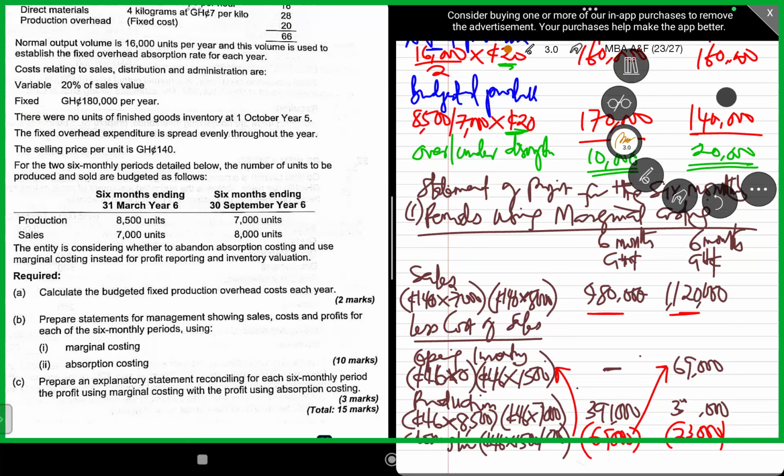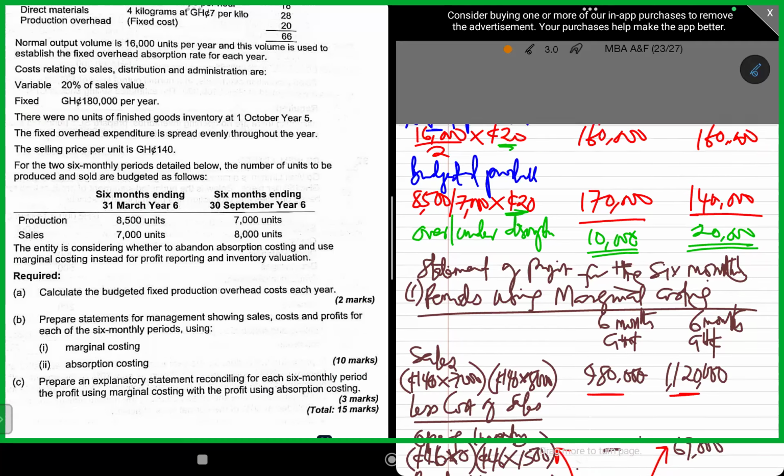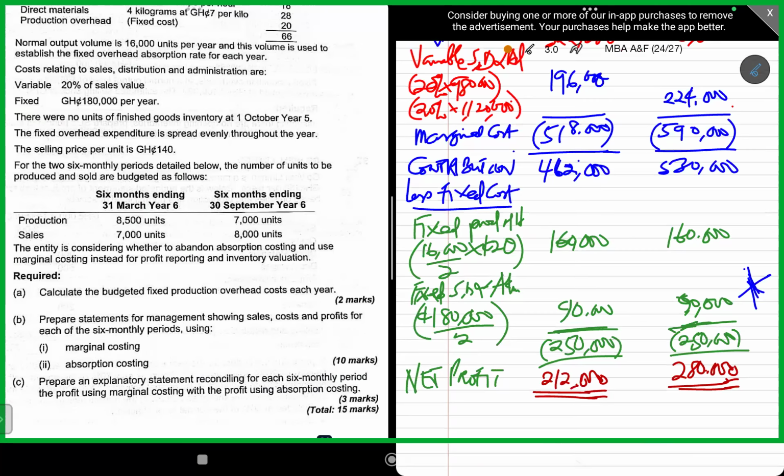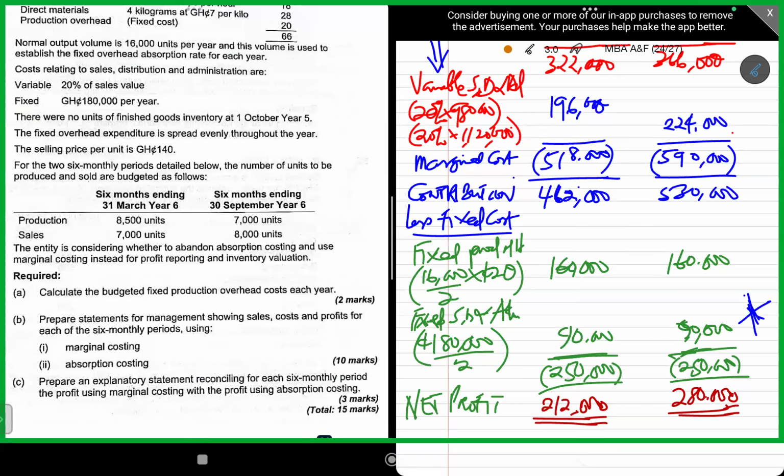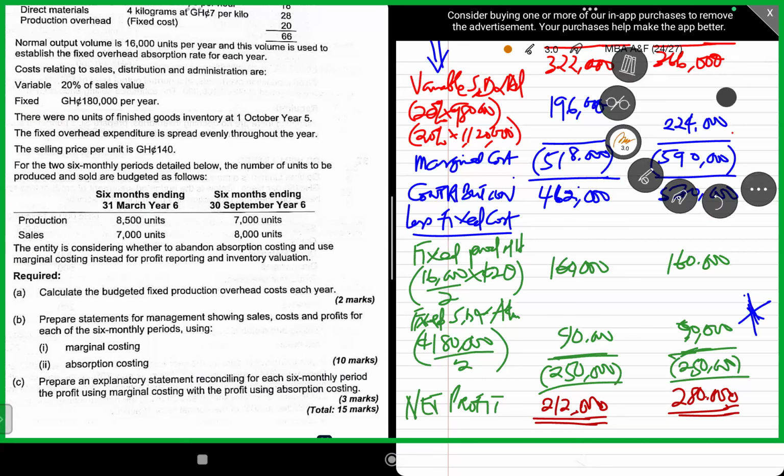So 69,000 plus 322,000, minus 23,000. What do we have? 368,000.